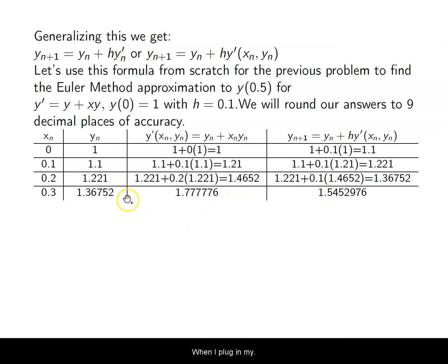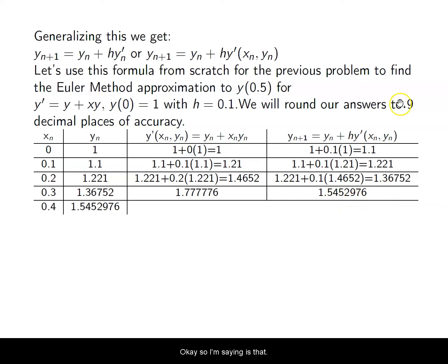So when I plug in my current output and the slope at that point, I can get my new approximation at x equals 0.4, which is 1.5452976, right? So again, I got 2, 4, 6, 7 decimals here.